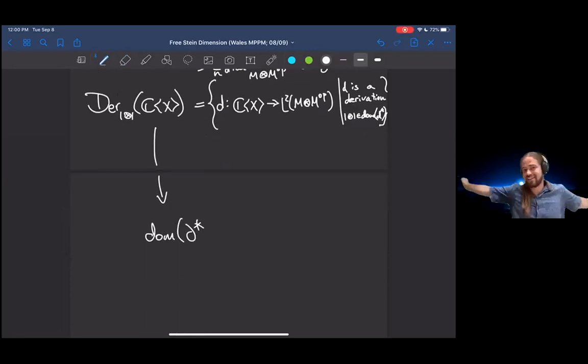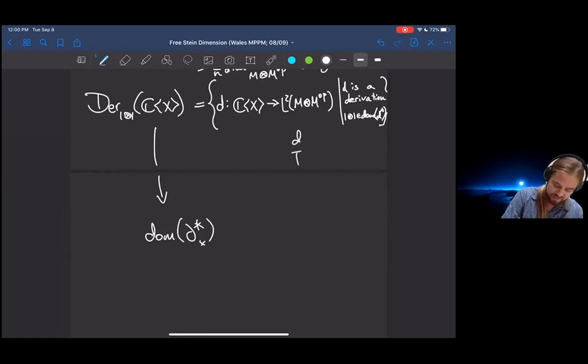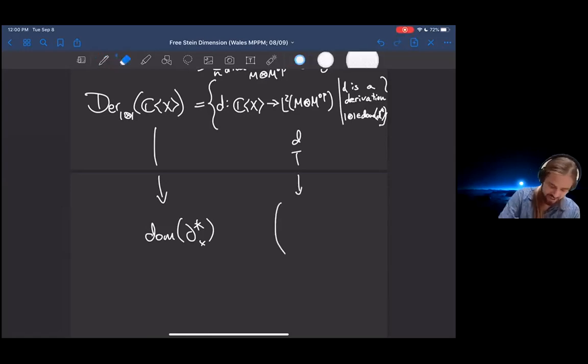So where was it? Right. One of those technical reasons is that it's quite easy to relate this set of nice derivations to the domain of partial star for a particular set of generators once you've picked them. Given any derivation D here, it gets mapped to the tuple where you almost simply evaluate it on each generator, dx1 through dxn.